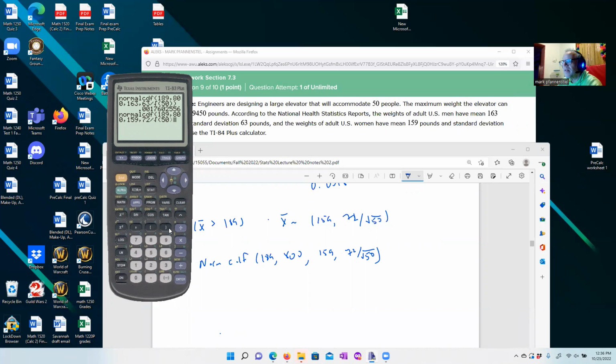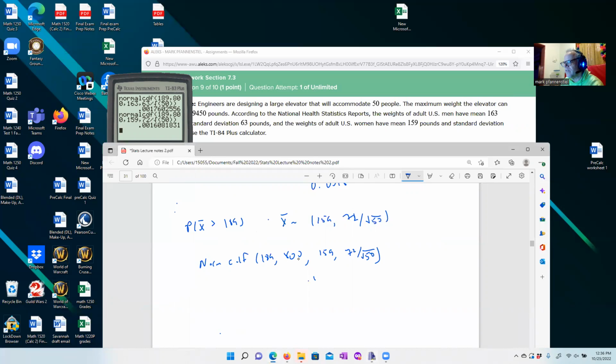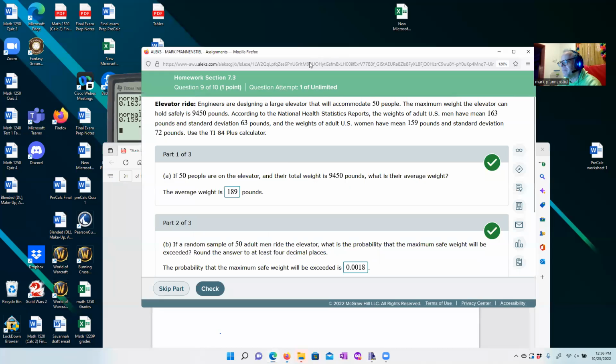We'll go with that. 0.0016. Since it goes to 4 decimal places, we'll stop at that point. So that'll be 0.0016.